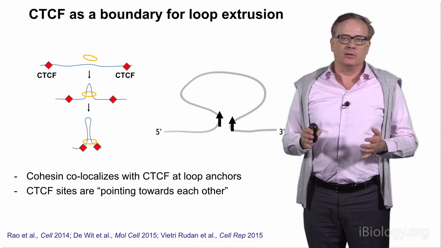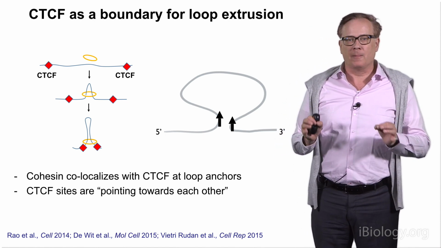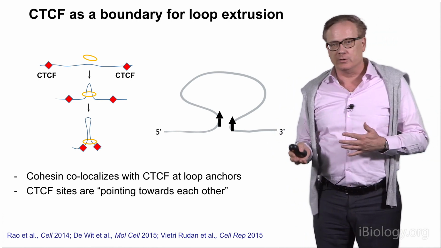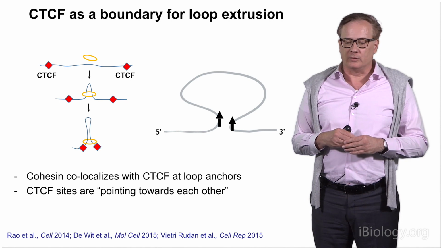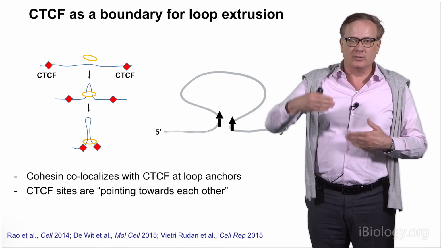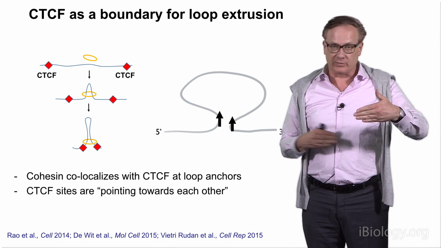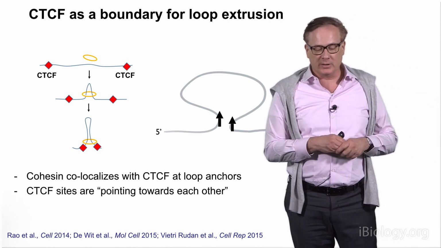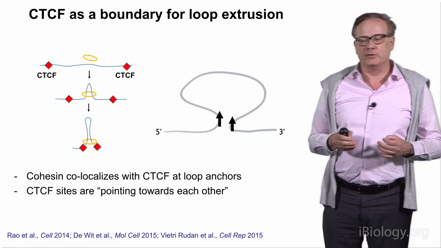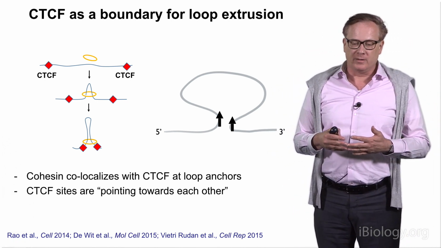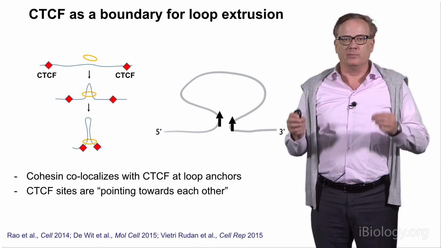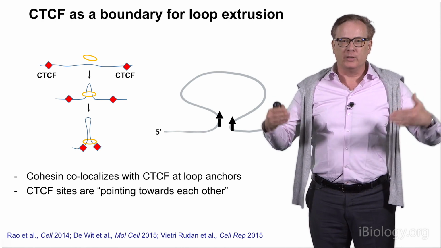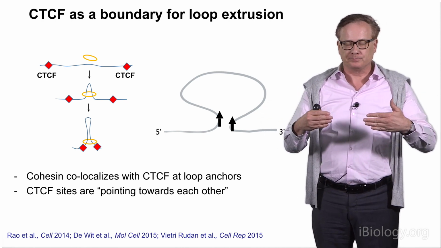Now, what is very interesting in this context is that the binding site or the consensus site for CTCF is not a symmetrical sequence, but asymmetric. It's not a palindrome. And for that reason it can exist in two different orientations in the genome, implying that CTCF can bind in two different orientations. Now, that in itself is not unusual for DNA-binding proteins, but what is very unusual is that a number of labs have observed that those CTCF sites that form the anchors of cohesin-mediated loops are always pointing towards each other in their orientation.